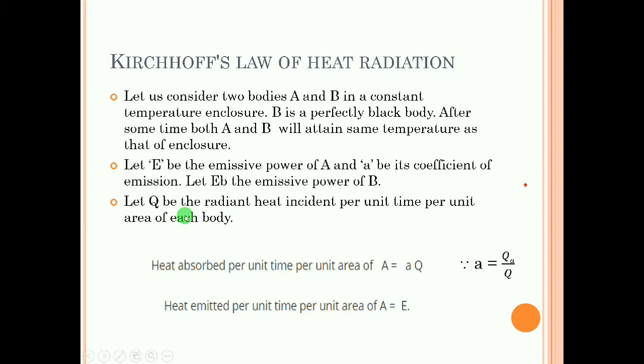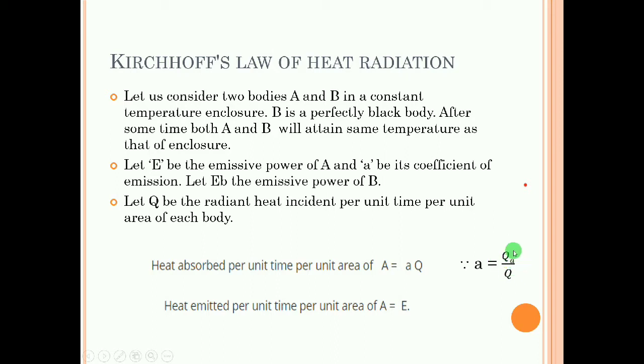We consider the amount of heat radiation incident per unit time per unit area for each body. When writing heat absorbed per unit time per unit area, suppose we start with an ordinary body, capital A. We already know this relation: coefficient of absorption is equal to quantity of heat absorbed divided by quantity of heat radiation incident.